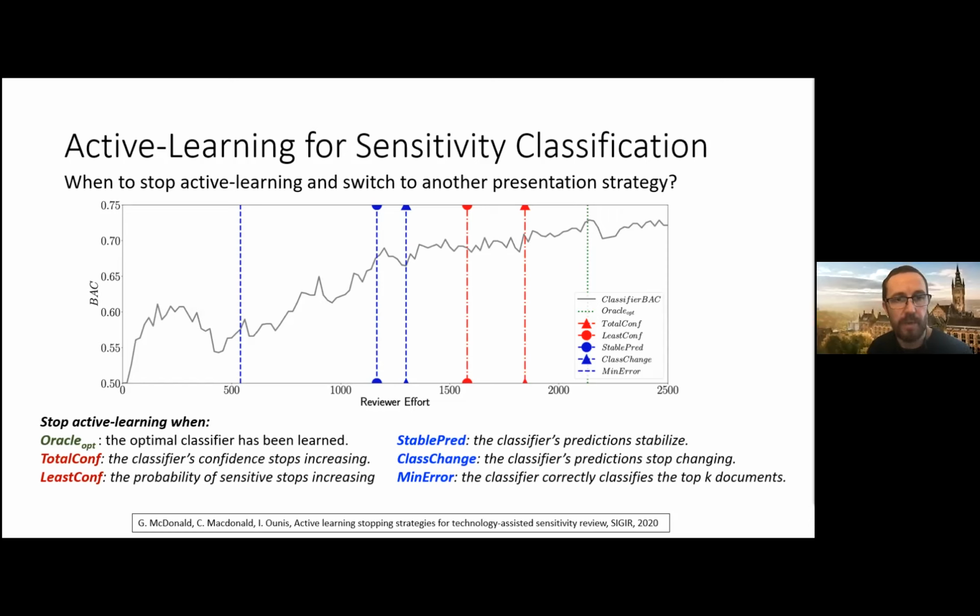Firstly, stable change: when the classifier's predictions stabilize, i.e. there's a level of agreement between the predictions that the classifier makes on subsequent iterations of the active learning cycle.